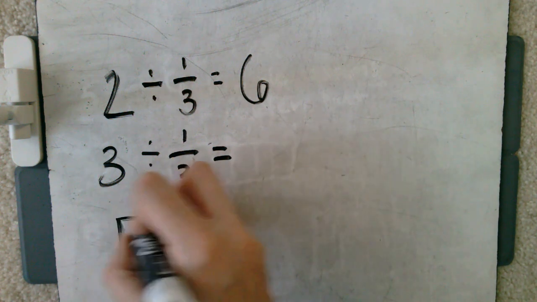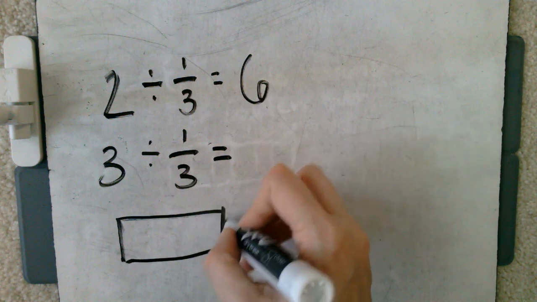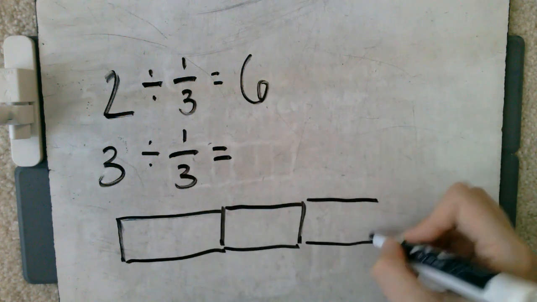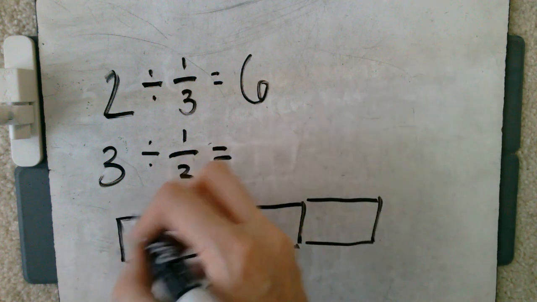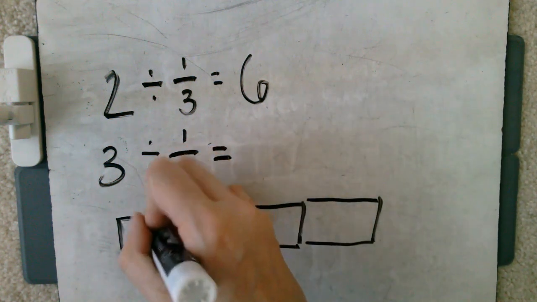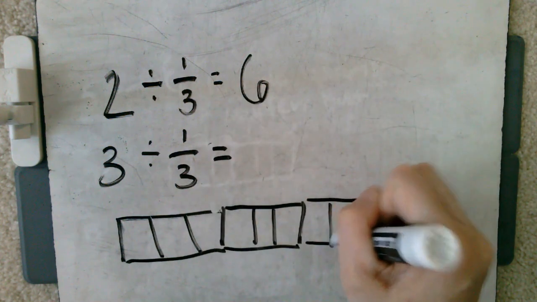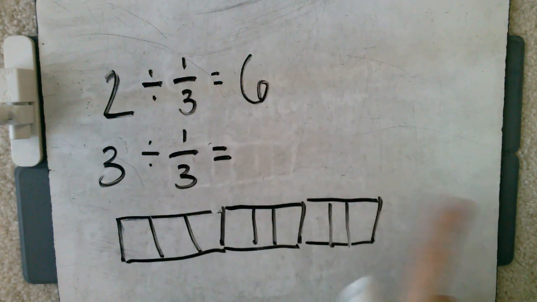Underneath, let's draw 3 pieces and split each of those pieces into thirds. So I'm going to draw 2 lines in each of these boxes. Now count how many we have in total.